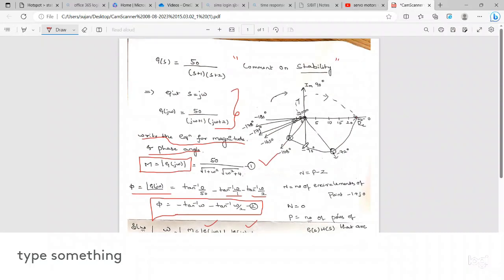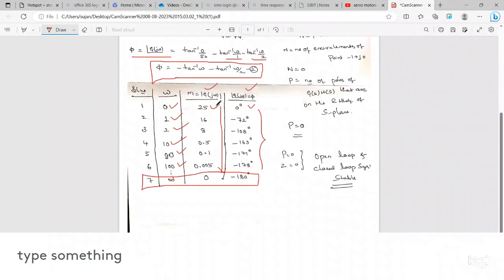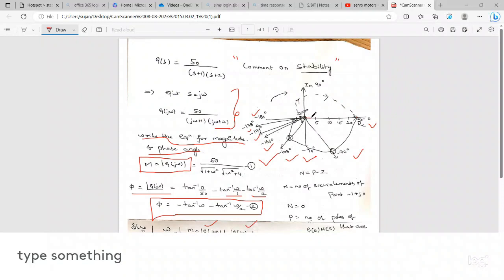So all the values I have taken from 0. See here, 72, 90 degree, 108, 163, 171, 178 and 180 degree. Okay. I just put a line for each. At 0 degree, what is the magnitude value we have? 25. So this is the 0 degree line and 25 is the point we need to mark.